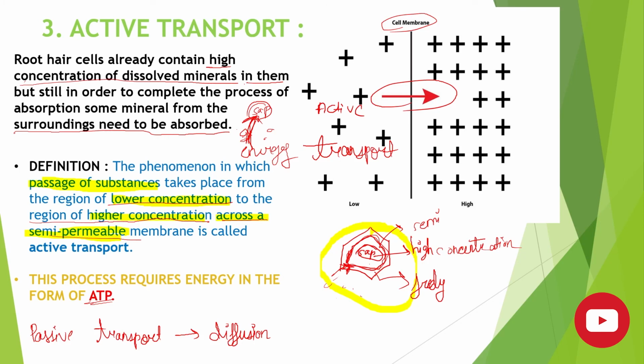Whatever happens in diffusion, in active transport just the exact opposite thing happens. There's a slight change in active transport, that is the presence of a semi-permeable membrane, and this process requires energy in the form of ATP. That is all about the three types of processes that we have, and we have covered all the portions that we needed to cover in today's video.